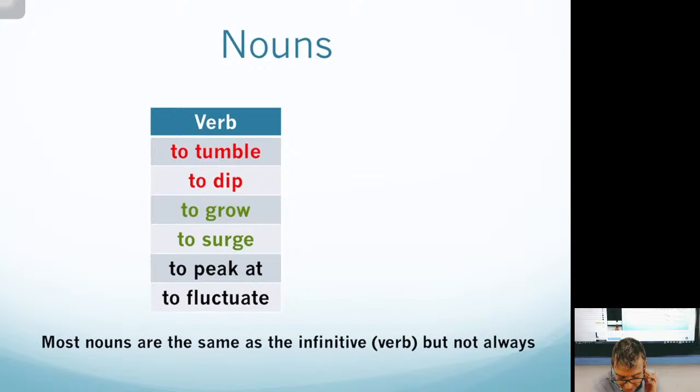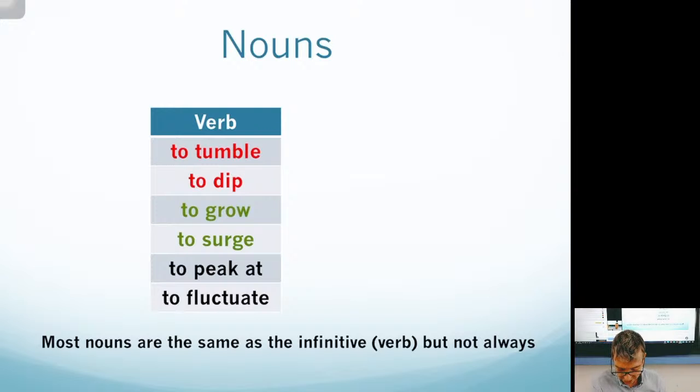All right, but before we can do that, we need to know our nouns. So looking at verbs, we've got these different ones. To tumble, you tumble down something. This is to go down. To dip, we've looked at dip, dip slightly. So this is going down. And then in green, we've got to grow, to go up.